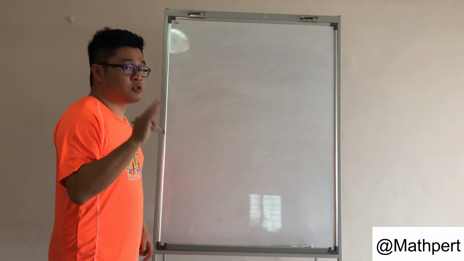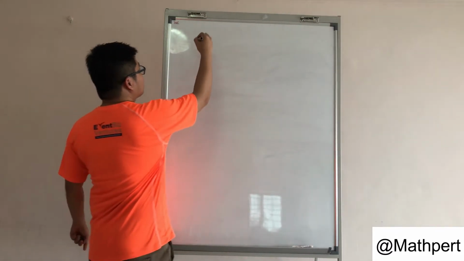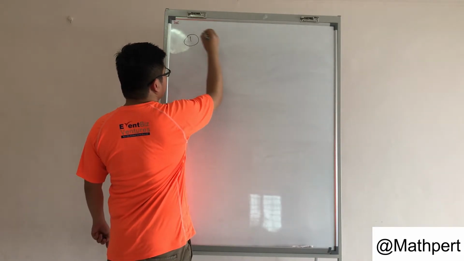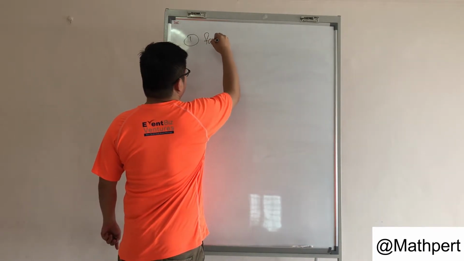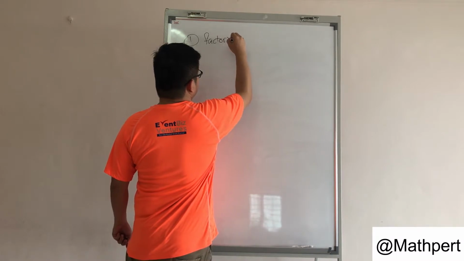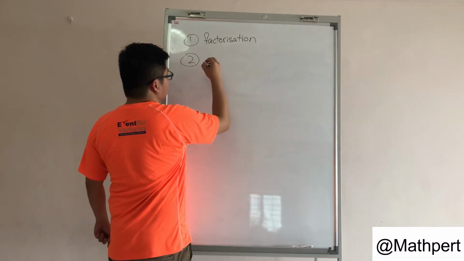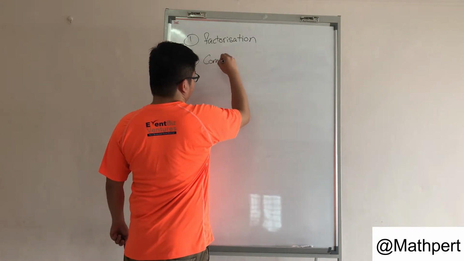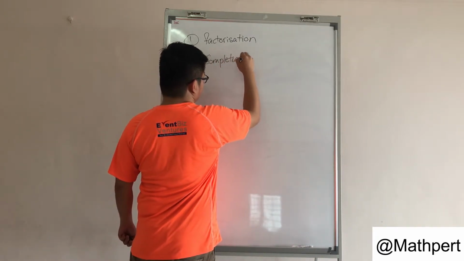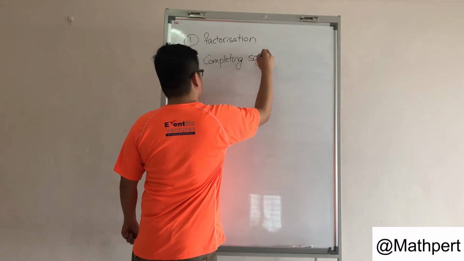So there are three effective ways. The first one is factorization. The second one is completing the square.